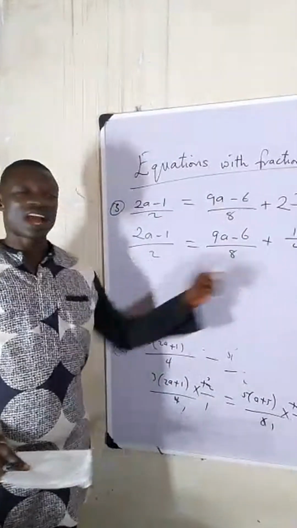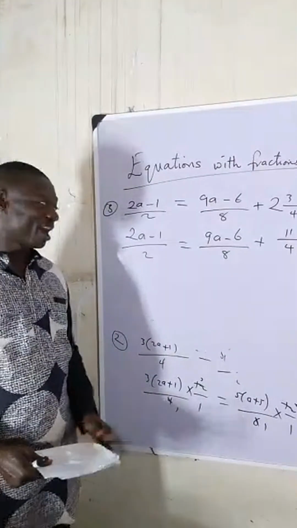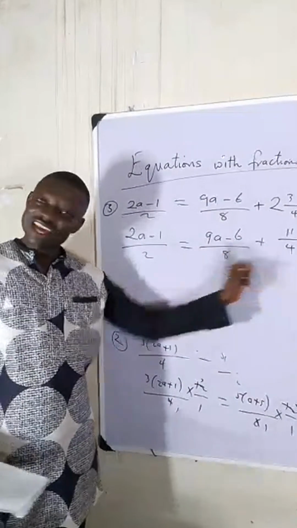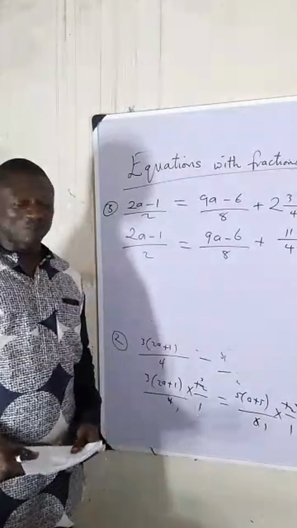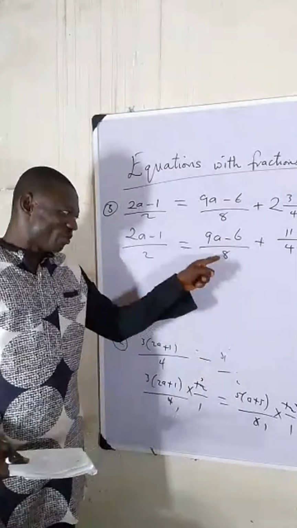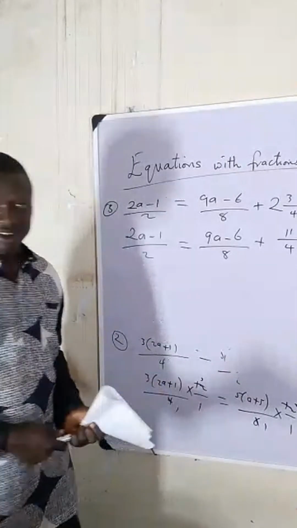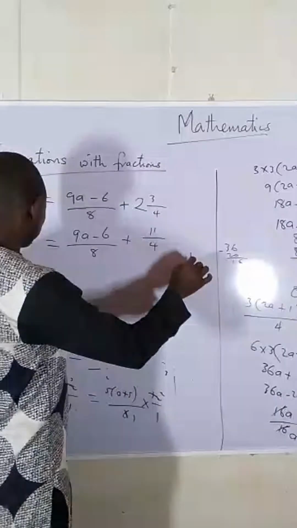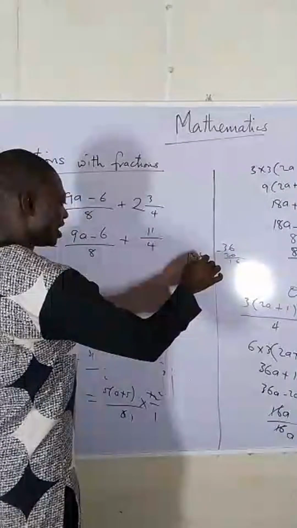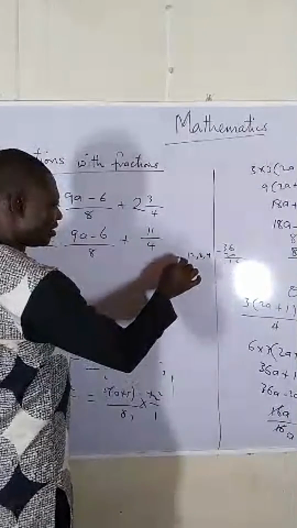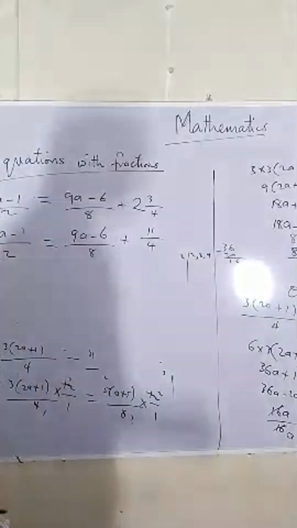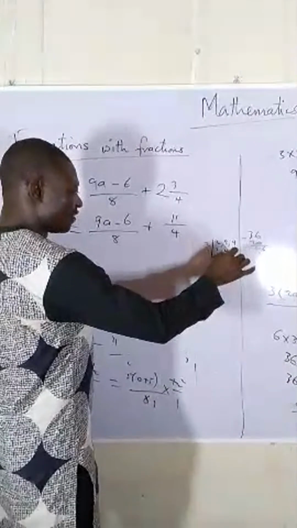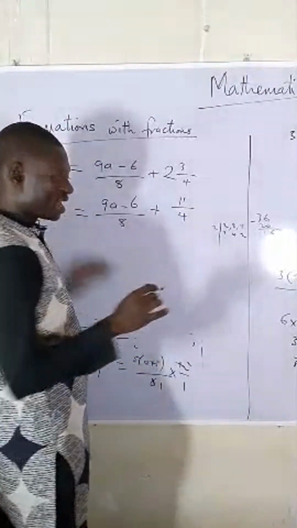Remember, the LCM is going to be 8, depending on what we have around here. Remember that 4 is a factor of 8, 2 is a factor of 8. So it should not surprise you why we get one of the numbers as the LCM. If it's surprising you, however, let us work it out. The LCM of 2, 8, and 4. 2 will now divide, to give us 1, to give us 4, to give us 2. 2 can divide again.